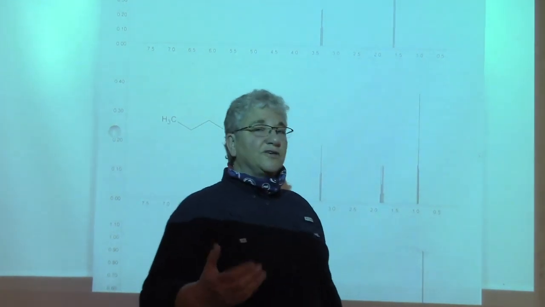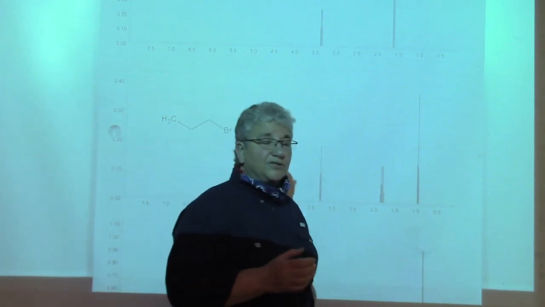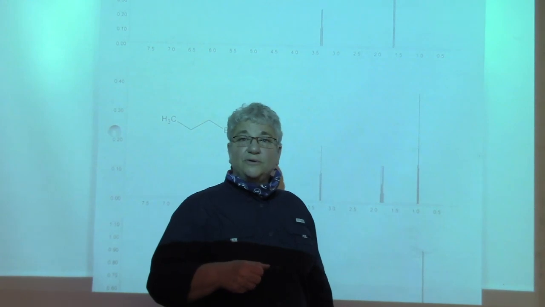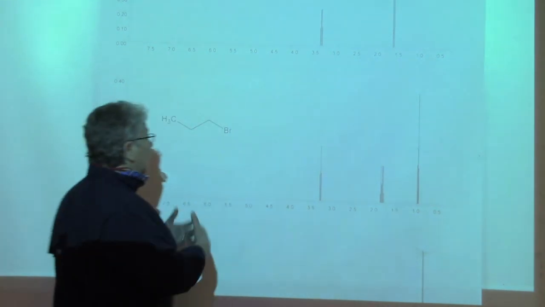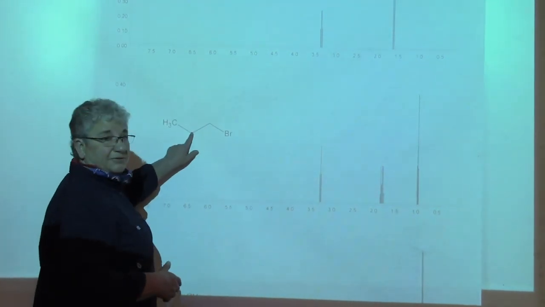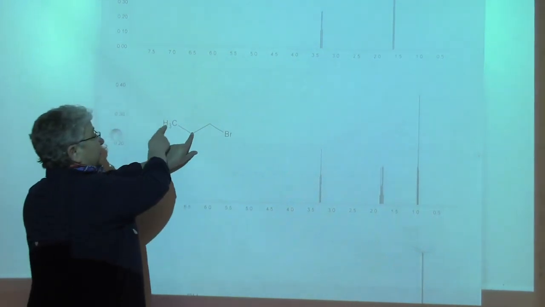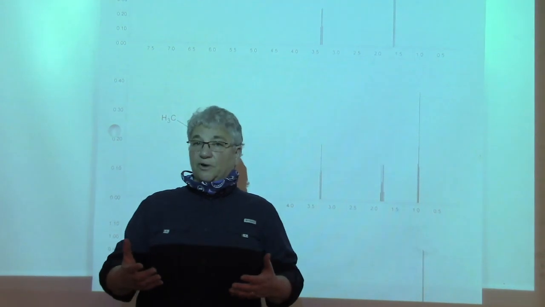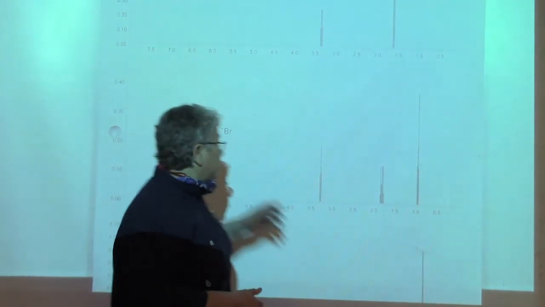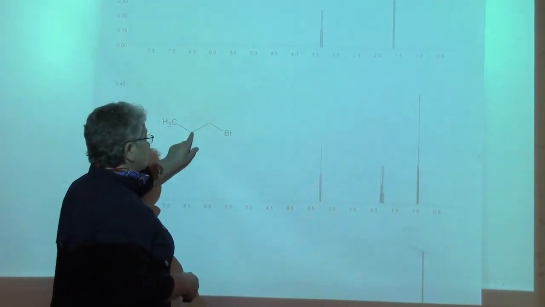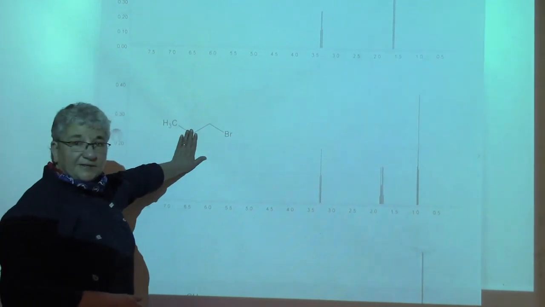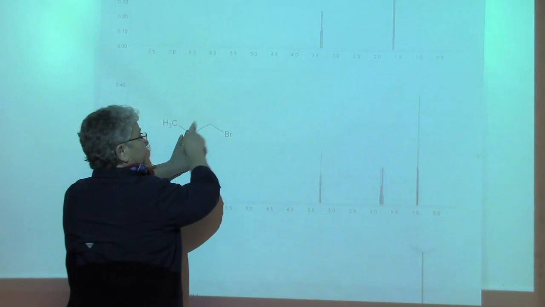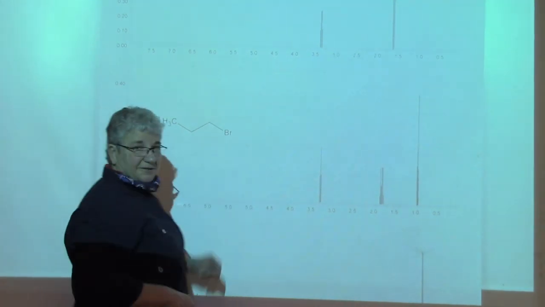For those of you who want to know, again, not holding you to this for organic 2, what happens to these 2 hydrogens is that these 3 hydrogens split them according to the n+1 rule. So these split them into a quartet, and these 2 split them into a triplet.